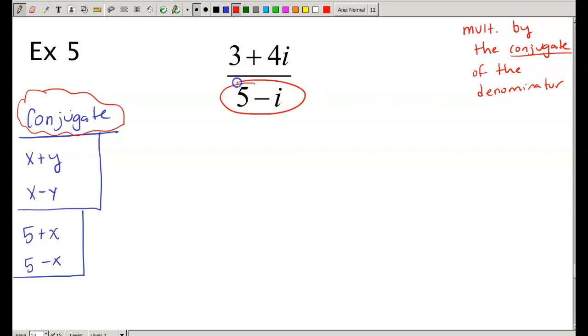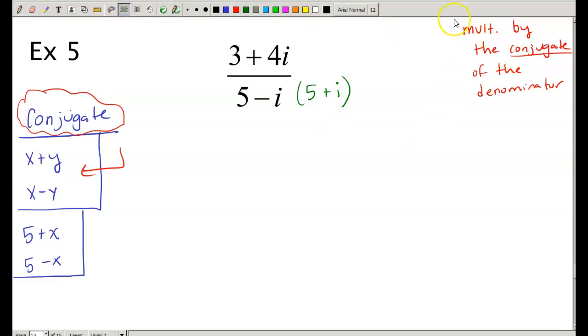So right here, I'm looking at this 5 minus i in the denominator, and I'm thinking, okay, well, first of all, what is the conjugate of 5 minus i? We'll look back to what we just talked about. The conjugate has to be 5 plus i, right? So what I'm going to do is take the bottom and multiply it by 5 plus i.